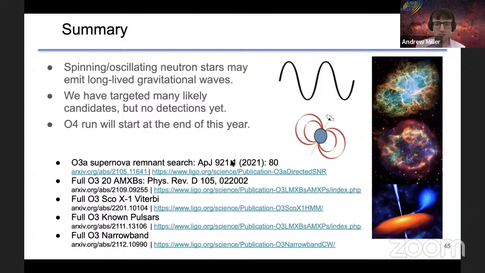And with this, you can basically point, so you don't physically point the detector, but you point when you do the analysis of the data by essentially correcting for the Doppler modulation that's due to the Earth's orbit around the sun with respect to the location of the source.